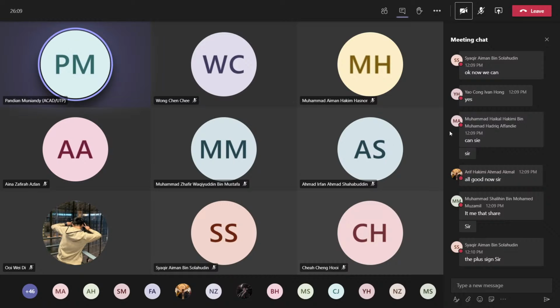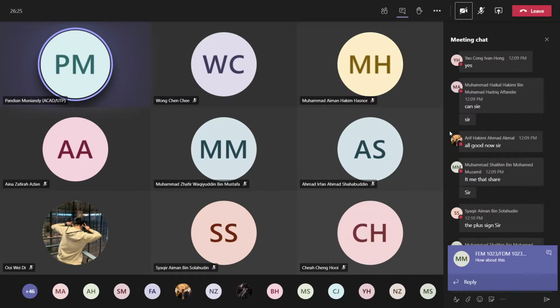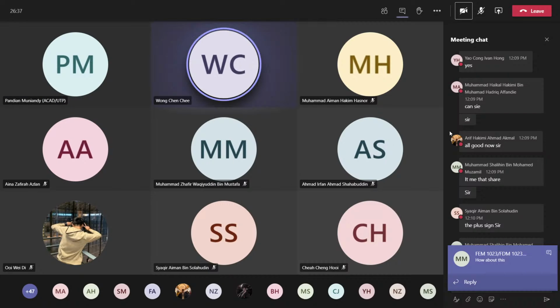Okay, you can see the slide. Can you see the slide? Fourth order Runge-Kutta. Now it's gone.